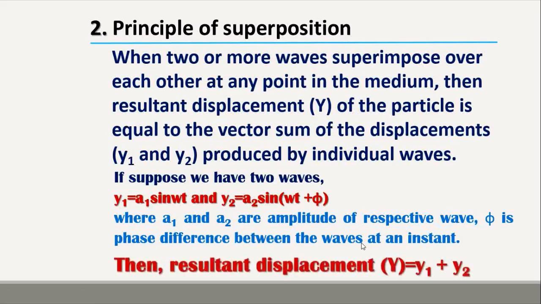That resultant wave will have a displacement capital Y equal to y1 plus y2, which means whenever two waves having displacements y1 and y2 superimpose at one particular point, the resultant displacement is equal to the addition of the displacements produced by the individual waves. This is what the principle of superposition says. I will explain with the help of a diagram.